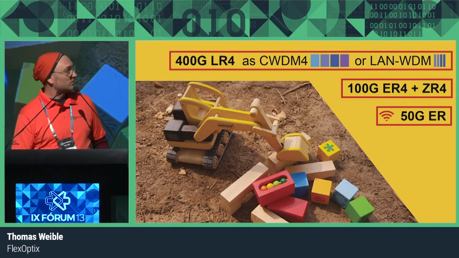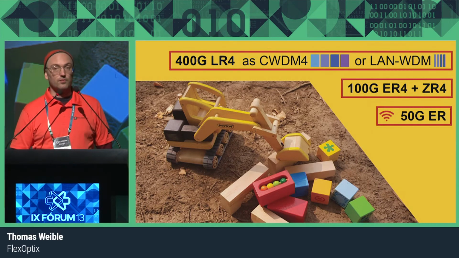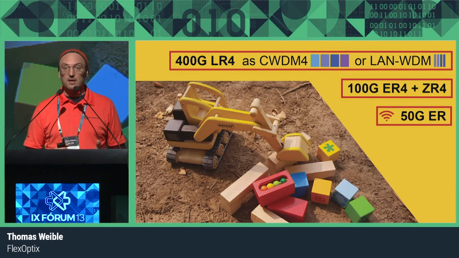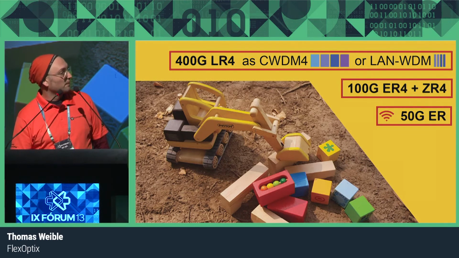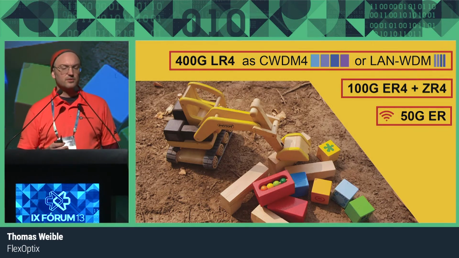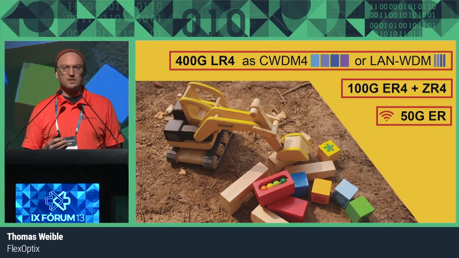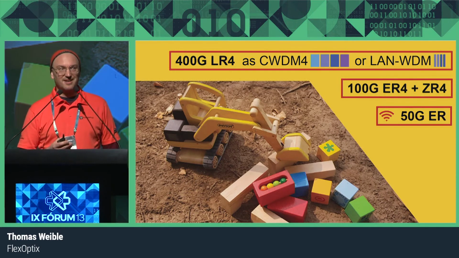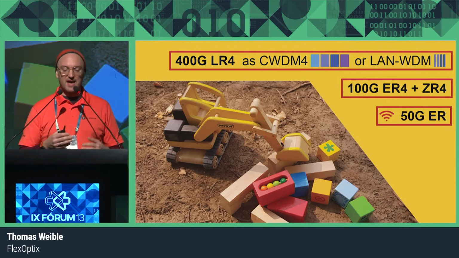There are tendencies to get towards CWDM4, because this technology, having 20 nanometer spacing, is way cheaper to produce compared to the LAN WDM. And at 100 gigabit, I was quite impressed seeing in 2019 that there are new things coming up, because there was somehow a gap.